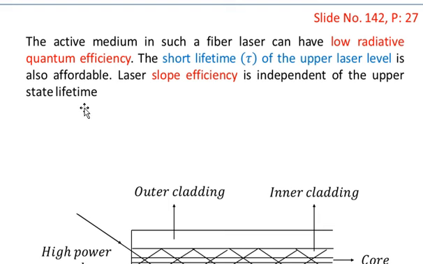And you know that the slope efficiency is defined by the change of output power divided by the change of input electrical power to the diode system. So that roughly defines the slope efficiency. For a precise definition, you can search this term on YouTube along with "laser physics course", and then you can find relevant slides where it has been explained.